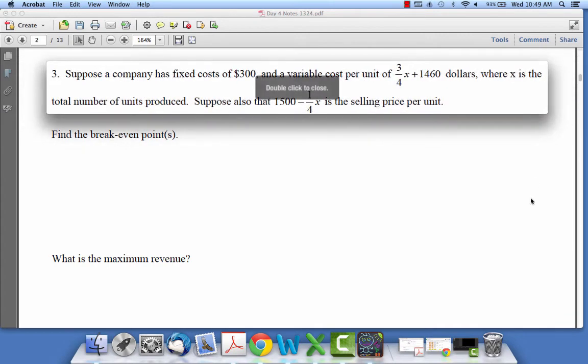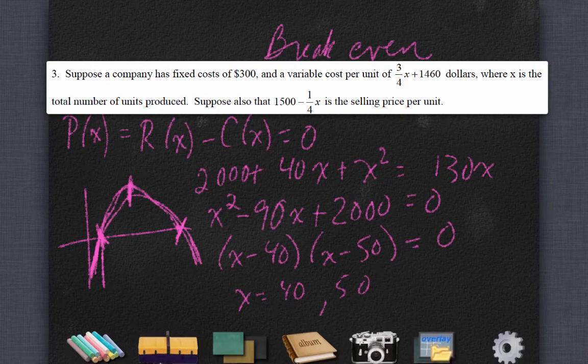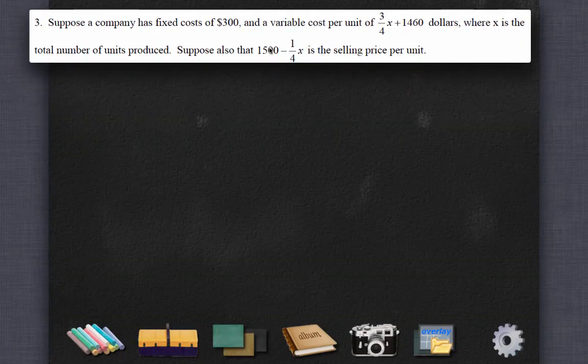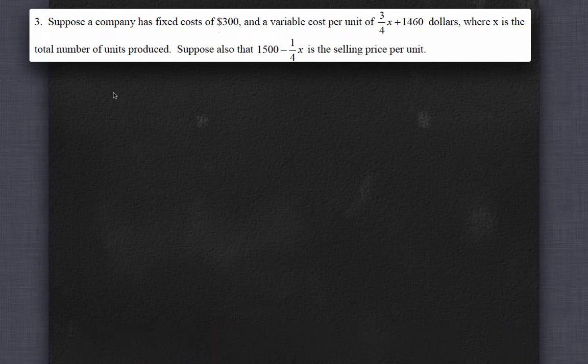I know with the video you don't need 85 examples, so I'm not going to necessarily find the break-even point. You can find that, revenue equals cost, but I'm going to just create, write, and interpret the profit function.